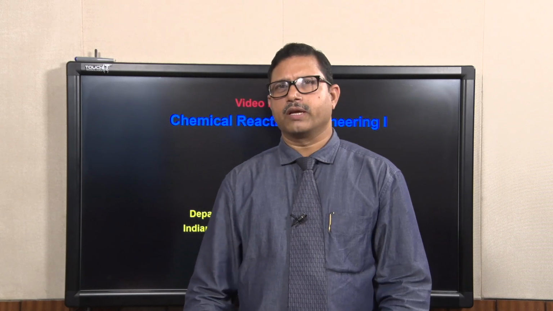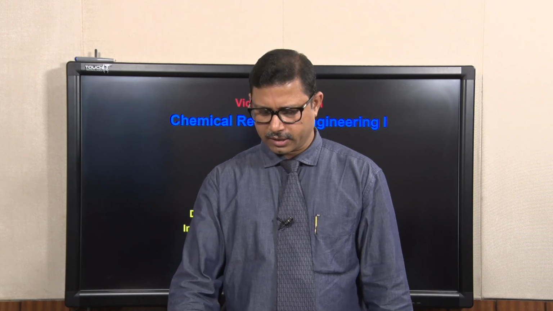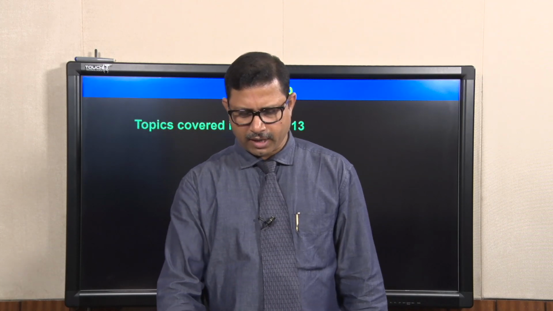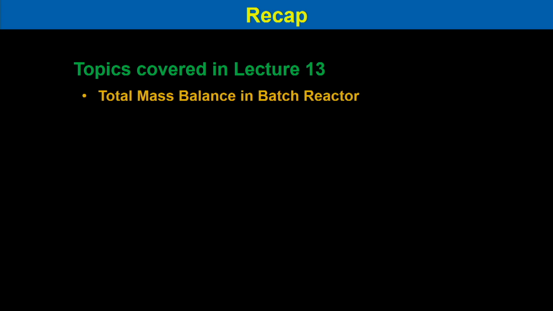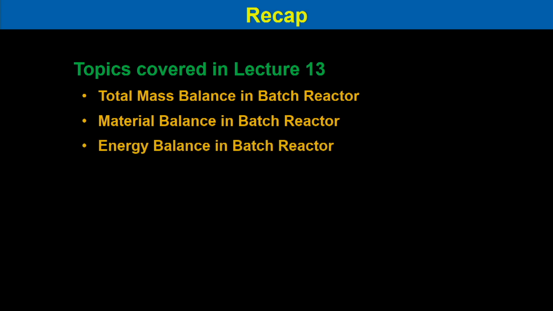So, before going to this lecture, let us have a brief recap of our previous lecture. In the last lecture, we covered total mass balance in a batch reactor, material balance in a batch reactor, and then the energy balance in a batch reactor. Although we did the batch reactor design earlier, here we considered it mainly for energy balance.